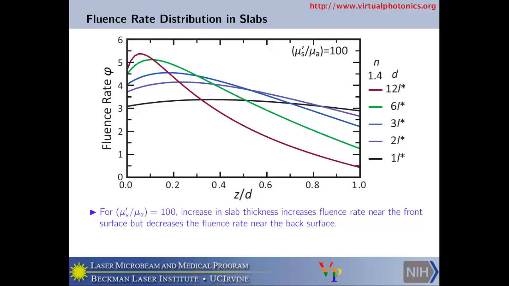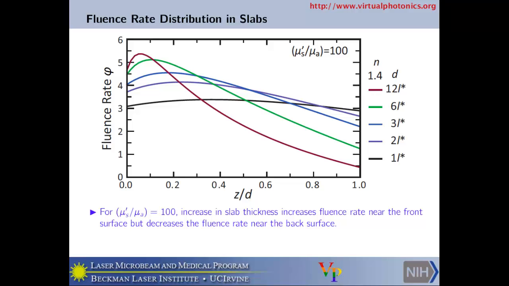So as the slab thickness goes down, the reflectance goes down because there's less material to backscatter the light back towards the front, but you get more light leakage out the back. Okay? And this is for a highly scattering medium with a refractive index mismatch. So you have air on both sides, okay, and the tissue in between.